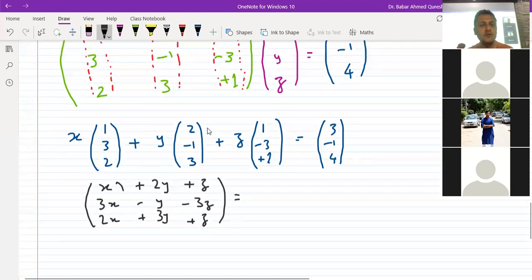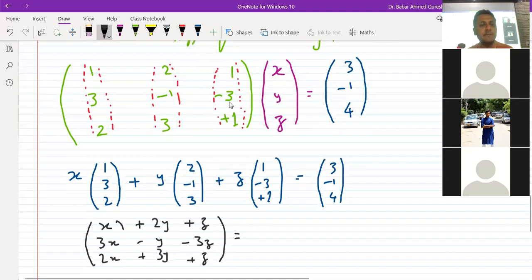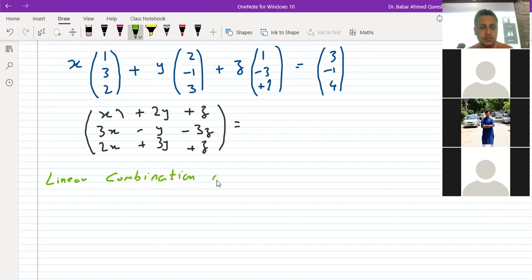If I follow this rule, then I take each one of these components and multiply the columns with them. Now, to do that, I should tell you what's a linear combination. So this is one of the most important concepts in linear algebra, linear combination of vectors.